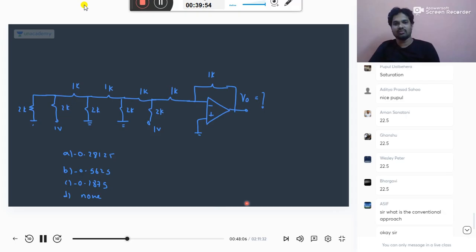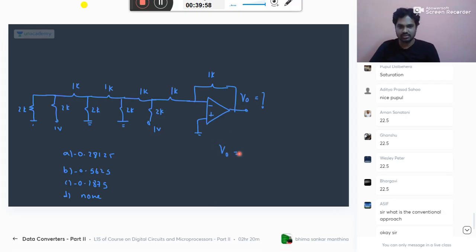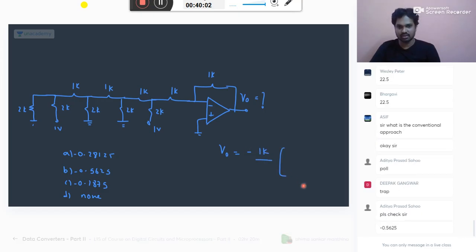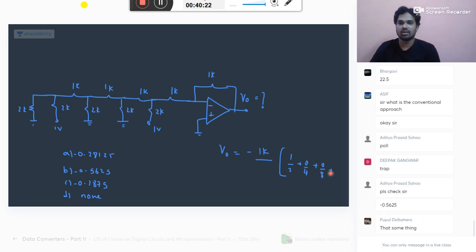So here, firstly, the answer is some V0 is equal to minus 1k by something. Forget about that something. Then 1 by 2 plus 0 by 4 plus 0 by 8 plus 1 by 16.